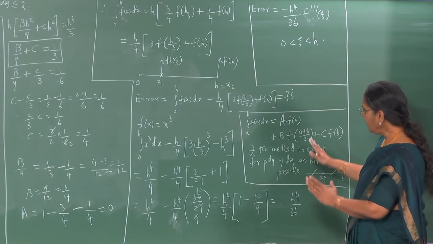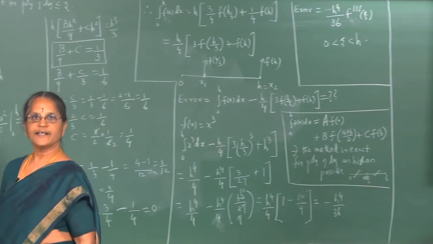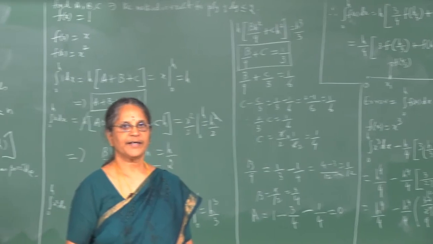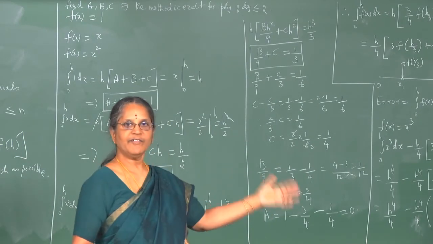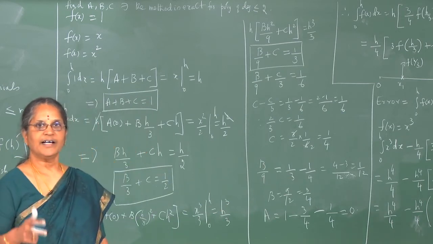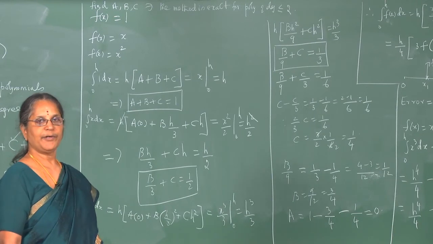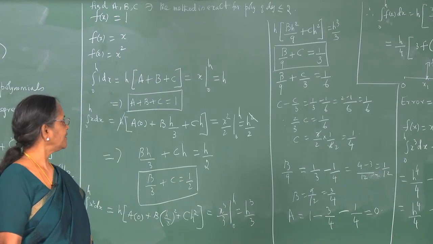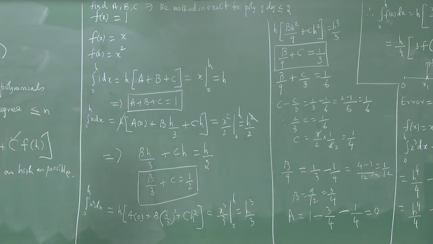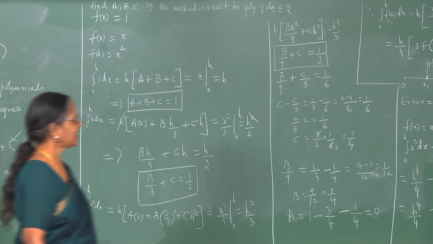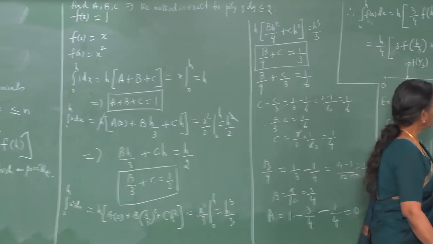And you would immediately see that you are essentially deriving Simpson's rule for equally spaced points, but now using the method of undetermined coefficients. Earlier you derived Simpson's rule using polynomial interpolation with equally spaced points, but now that we have learnt the method of undetermined coefficients, I want you to derive Simpson's rule for equally spaced points.